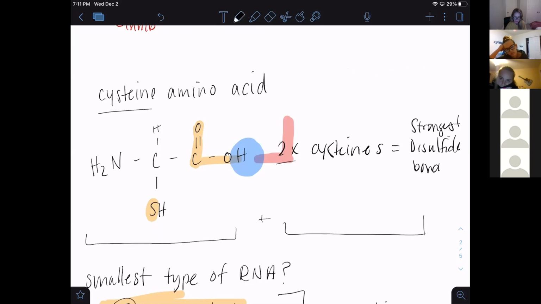We know that we'll have H2N, C, and then H2N, C. So you have to count your carbons. It's always that way. Yeah, I like that. Okay.